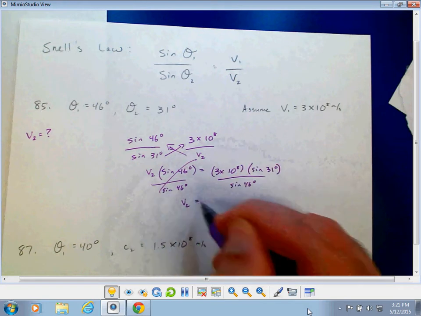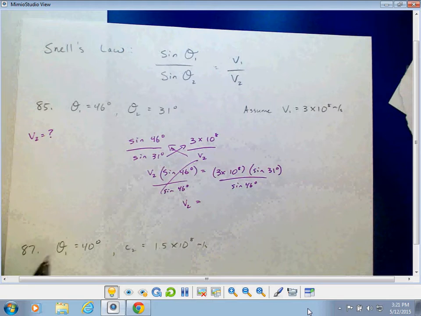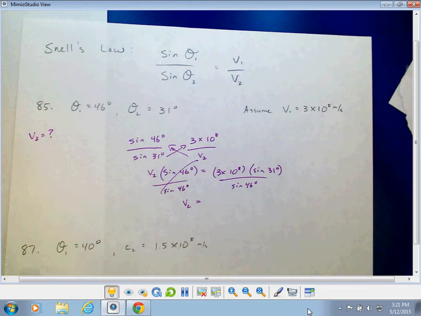And you get your second velocity. From this point on it is just calculator work. I would take sine of 31 times 3 times 10 to the 8th, and then I would divide by the sine of 46.